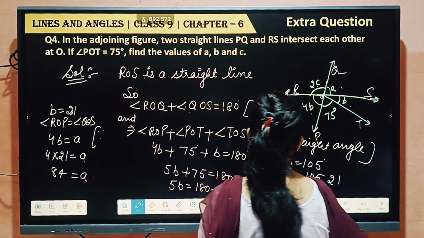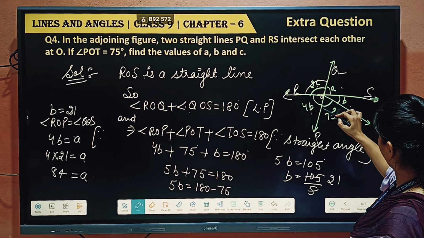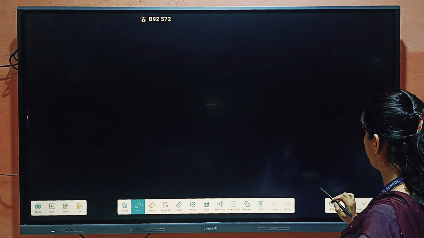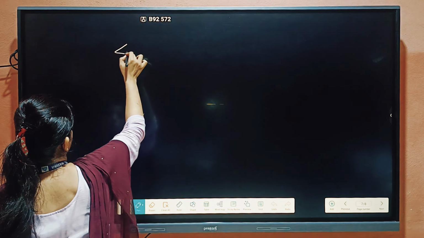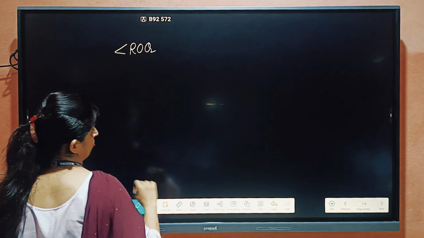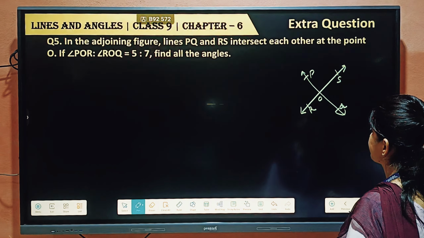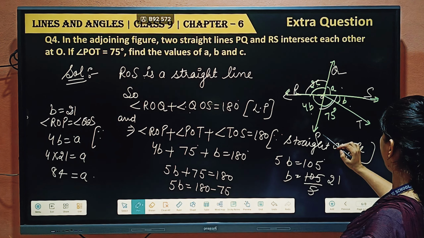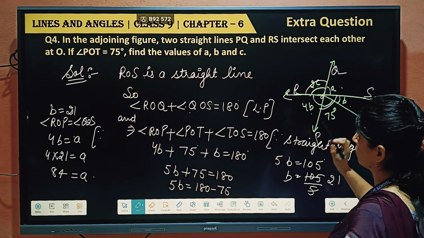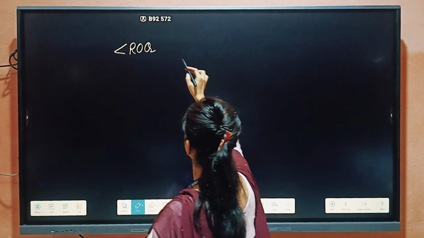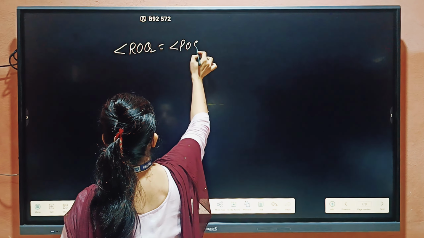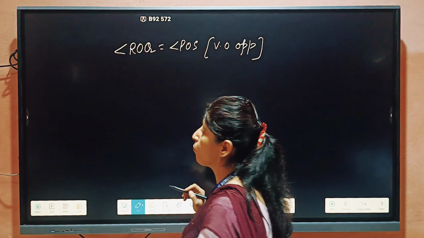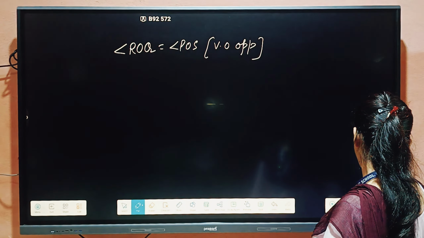Now this and this are also vertically opposite angles. So angle ROQ and angle POS are also vertically opposite angles, and vertically opposite angles are equal.